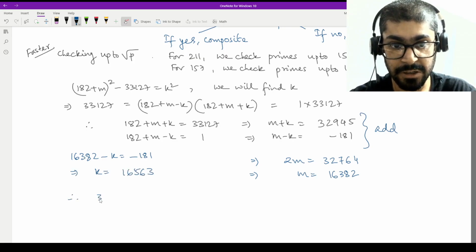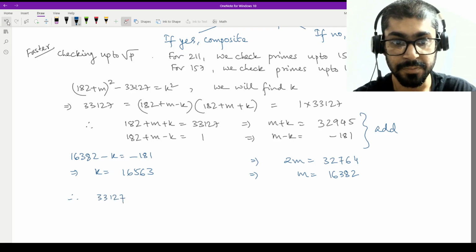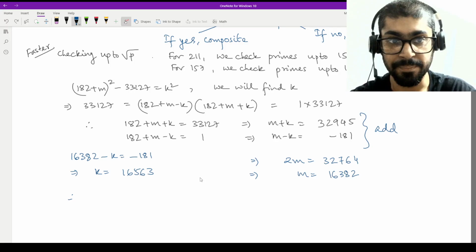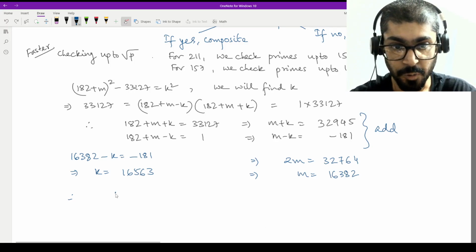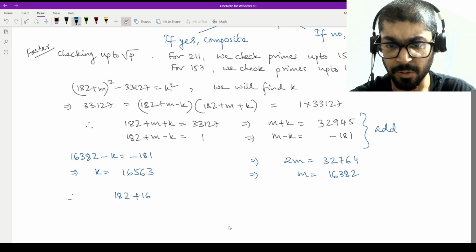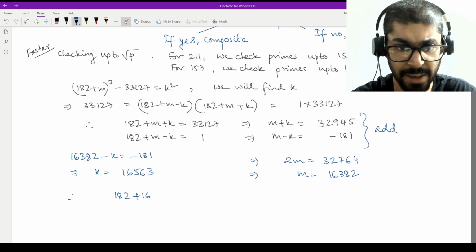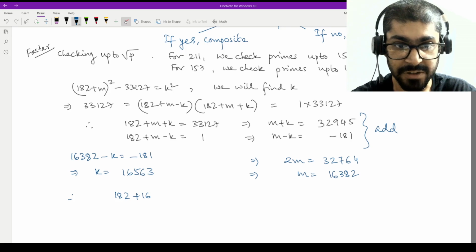So therefore, n and m, this is what we had to calculate, right? So we get m equal to 16382 and k equal to 16563.